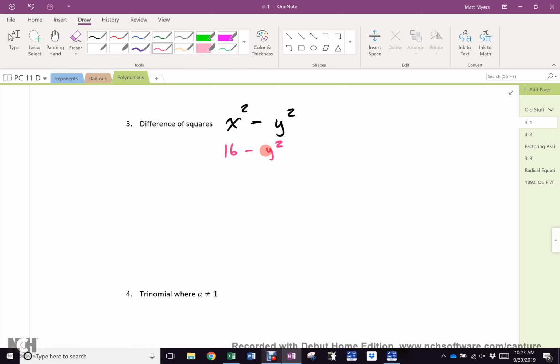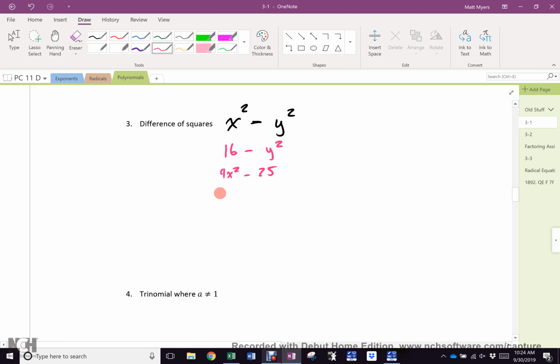Yes, it is. Why? Because 16 is 4 squared, right? Is this 4x squared minus 25? Is that okay? Why? Because that's got a square root and that's got a square root. Everybody good?